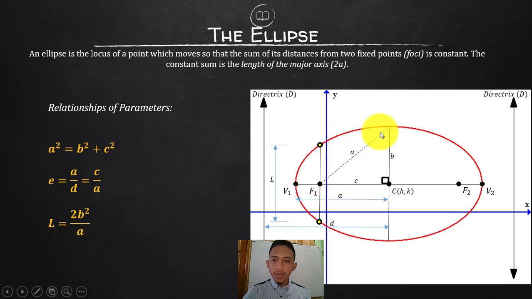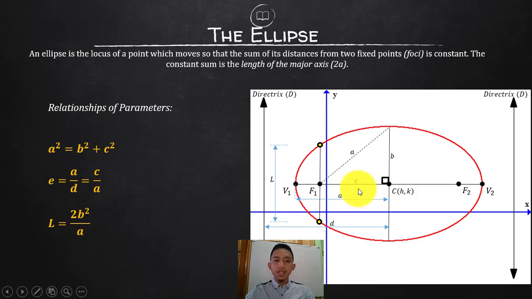If I connect that one, that is the same distance as the vertex to center, which is A. So if that is A, that is also A. So that forms a right triangle to relate the values of A, B, and C. But this time your A is longer than C. Unlike in your Pythagorean theorem, where C is longer than A, in this ellipse A is longer than C and longer than B. So that means your A is your hypotenuse. So applying your Pythagorean theorem, guys, from trigo, A squared is equal to B squared plus C squared. That is coming from this right triangle here.